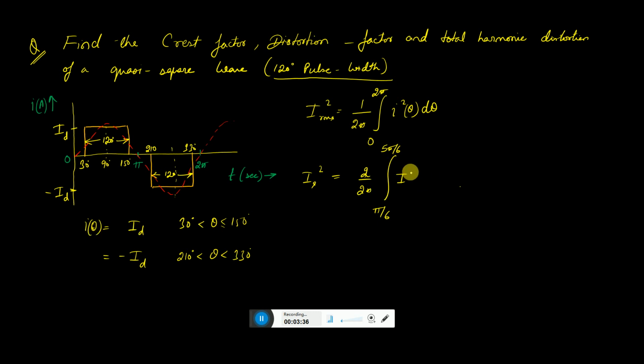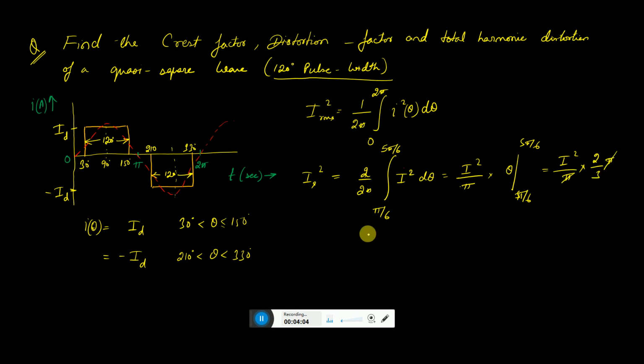It is a square of it, so I square d theta. That's very simple. So we can write this as I square by pi, and theta limit from pi by 6 to 5 pi by 6, that is 4 pi by 6, that is 2 by 3 pi. So that is I square by pi into 2 by 3 pi.